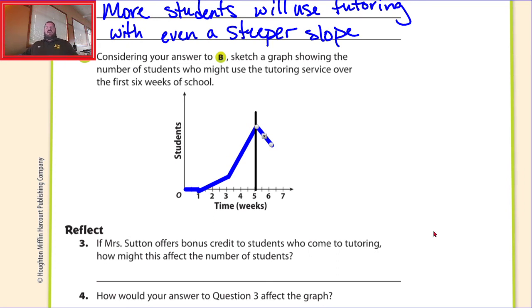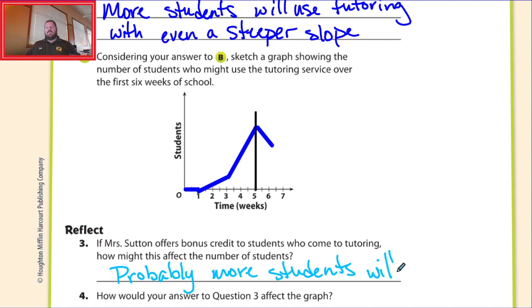If Mrs. Sutton offers bonus credit to students who come to tutoring, how might this affect the number of students? Well, if you give extra credit, they will come. Probably more students will show up. I'll say will attend.